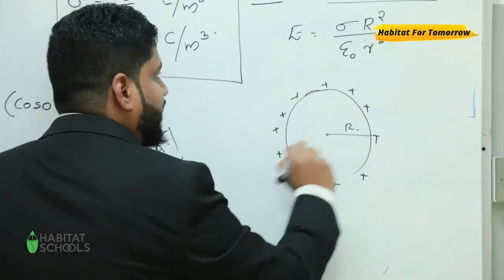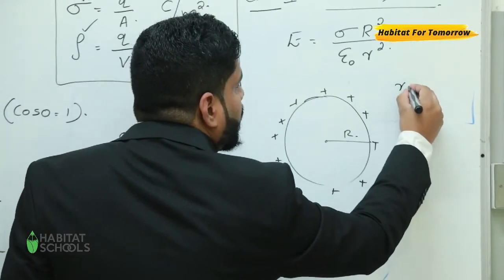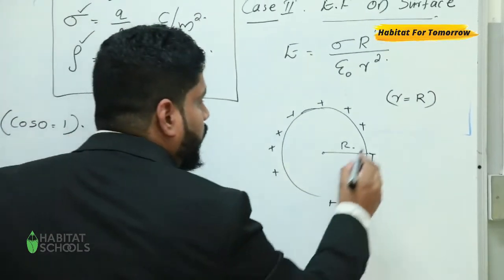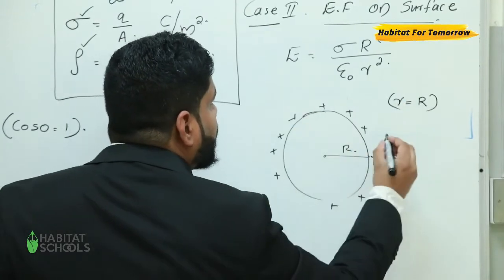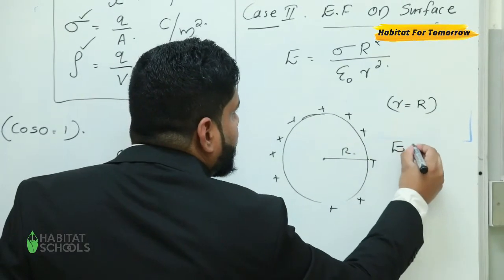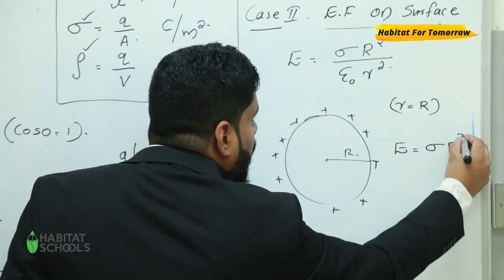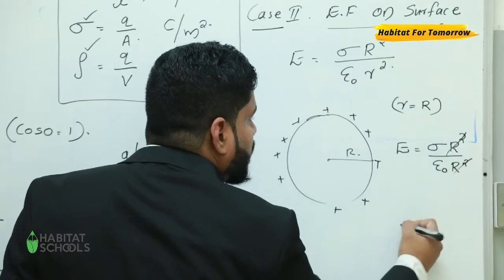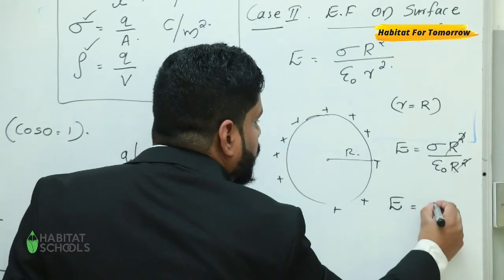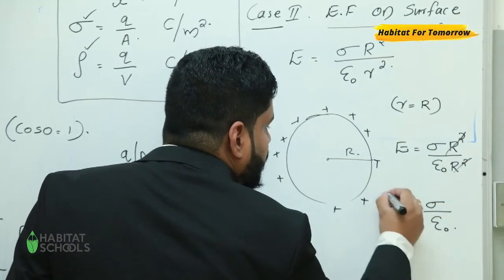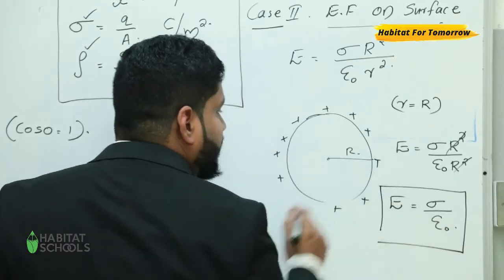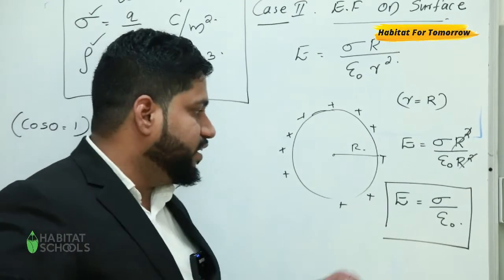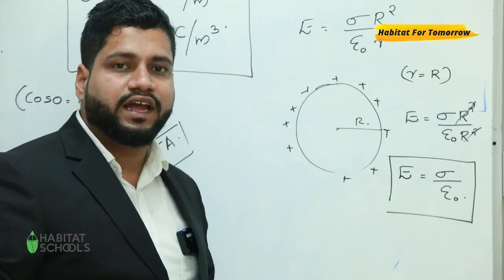Okay, so in this case, small letter r is equal to capital letter R. So the equation becomes E is equal to sigma R square divided by epsilon 0 r square, cancel. Then E is equal to sigma by epsilon 0. So sigma is surface charge density. Epsilon 0 is permittivity in free space or air.